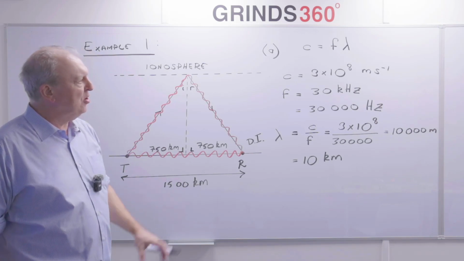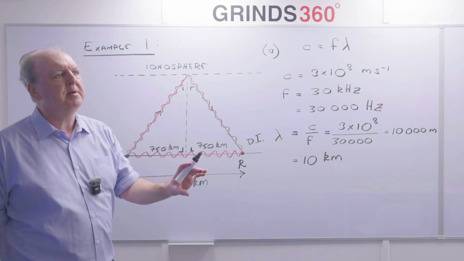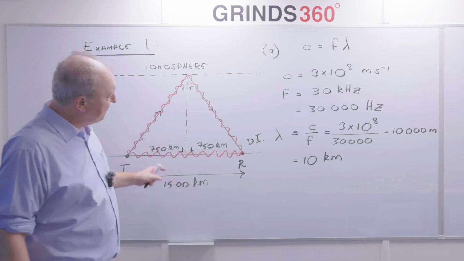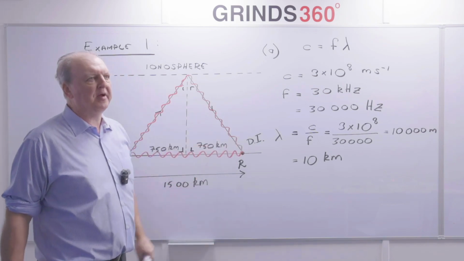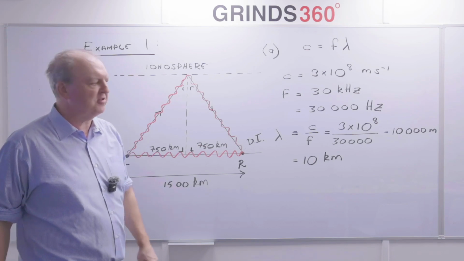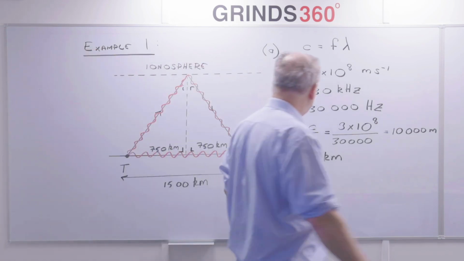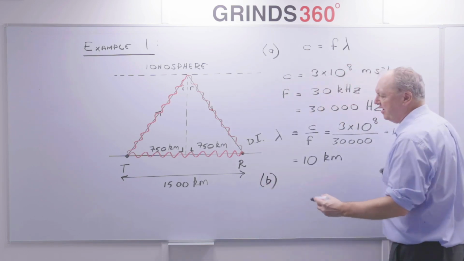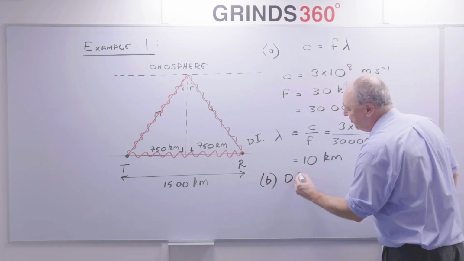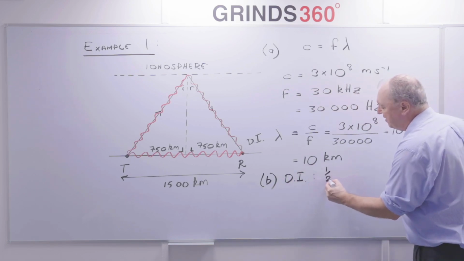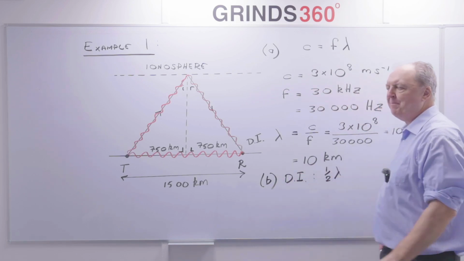The question is, what is the minimum extra distance it went in order for DI to occur there? What's the minimum condition for destructive interference? It is the waves are half a wavelength out of phase. That is the condition for DI. The minimum condition is half a wavelength out of step.